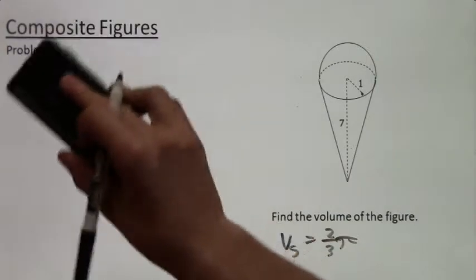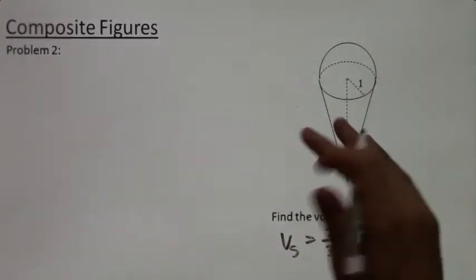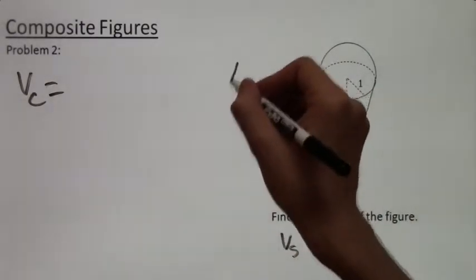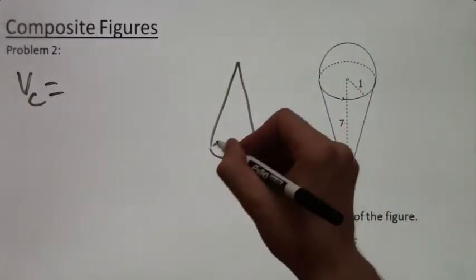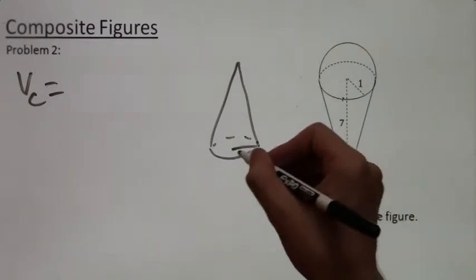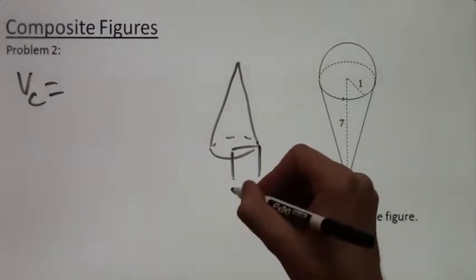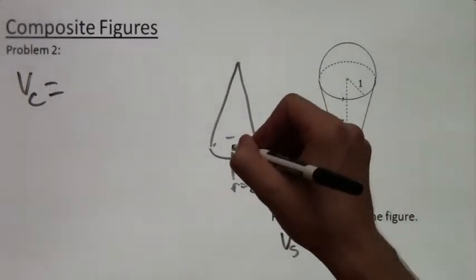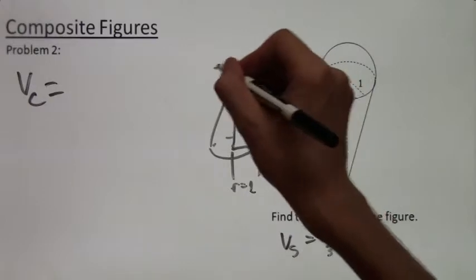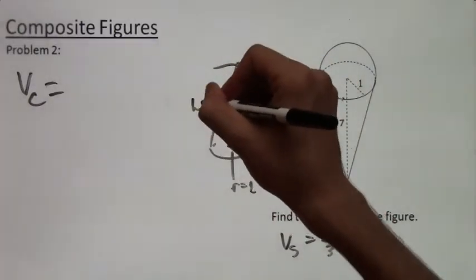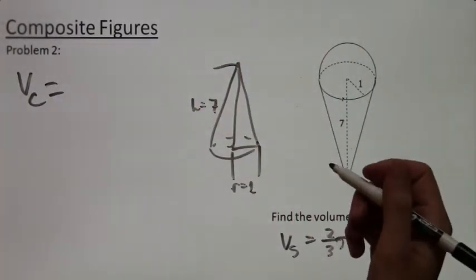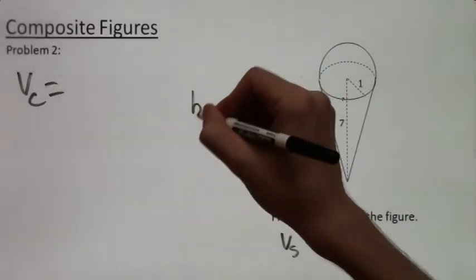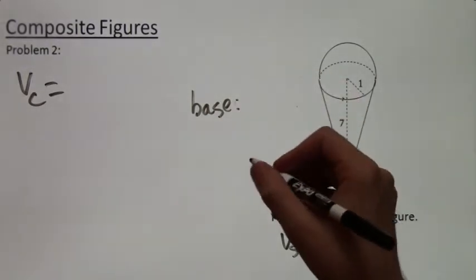Alright, now we have to calculate the volume of the cone, the second component of this composite figure. Here I flipped the cone over so that it looks more familiar. And this is the radius, equal to 1, I'm indicating. Then here we have the height, and the height is labeled as 7 in the original drawing. Now remember that the volume of a cone involves the area of the base.